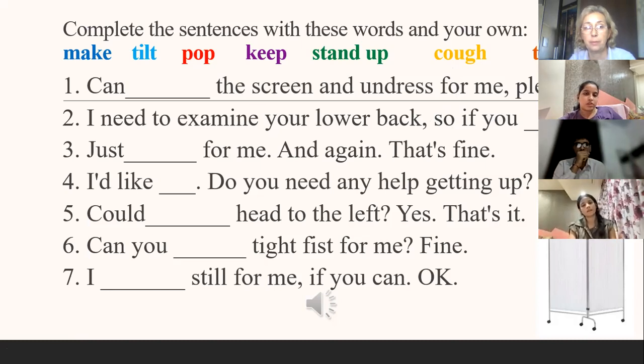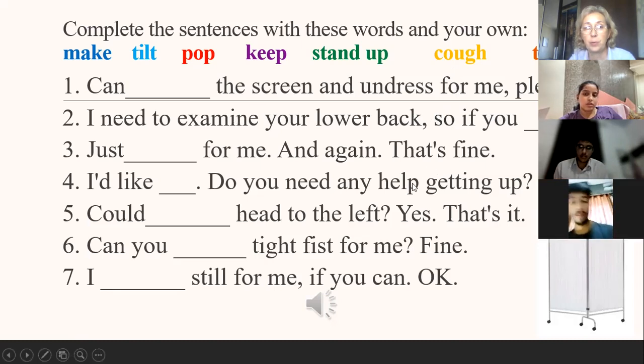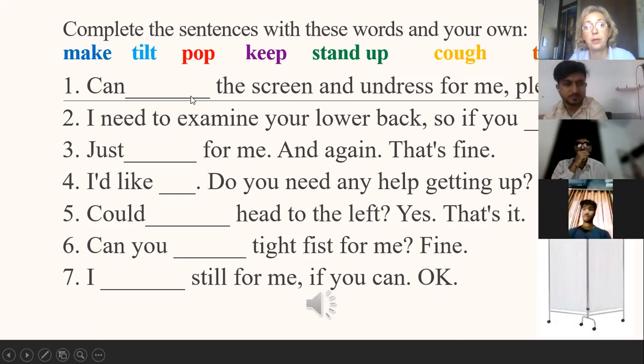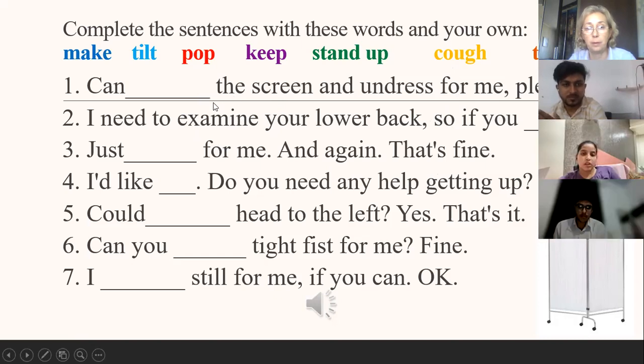Or tilt the screen. So pop is better to use. Pop the screen. Yes, better. And what preposition should we use after pop? Pop up the screen. I think behind will be more appropriate. Just to be invisible, yes? Okay.